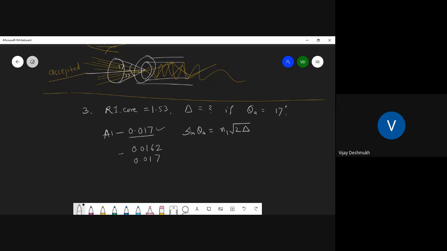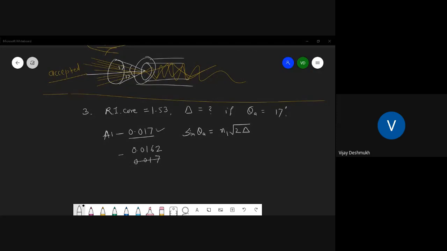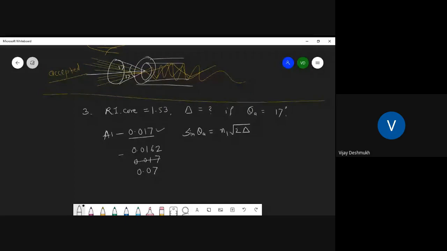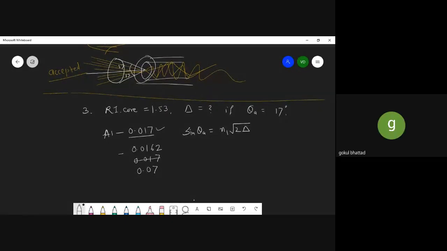Anybody has any different answer? Is there anyone who did not understand where this came from, how it was calculated? Anybody? 0.07 or 0.017? Four people are saying 0.017. Who has said 0.07?